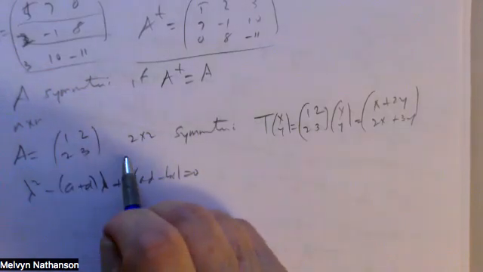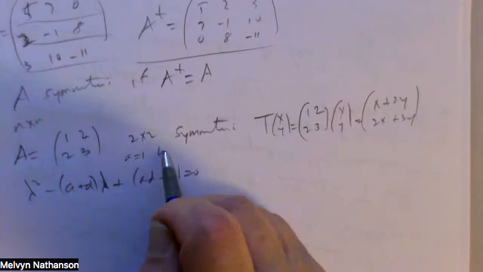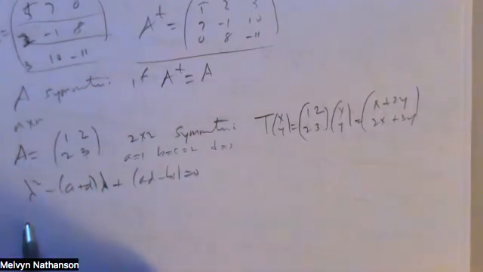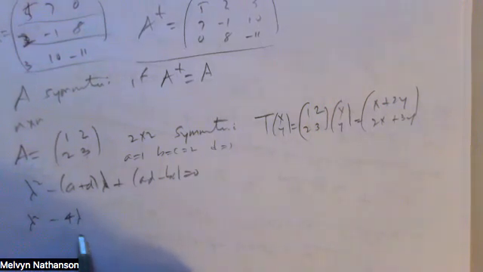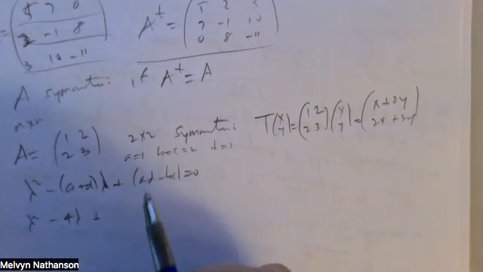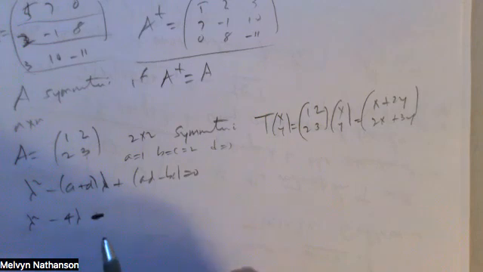For this matrix, a is 1, b and c are 2, d is 3. So this is lambda squared minus 4 lambda plus 3 minus 4, minus 1, equals 0.